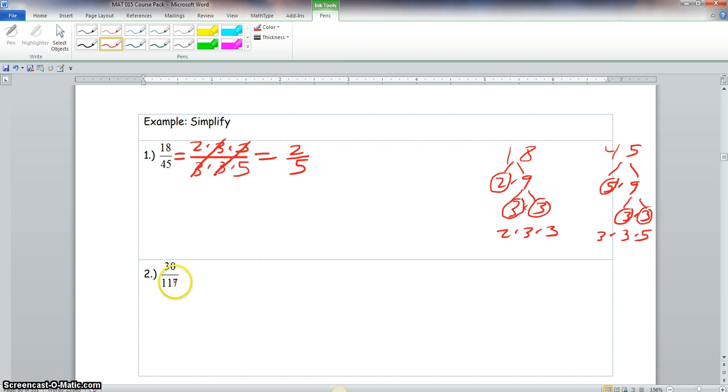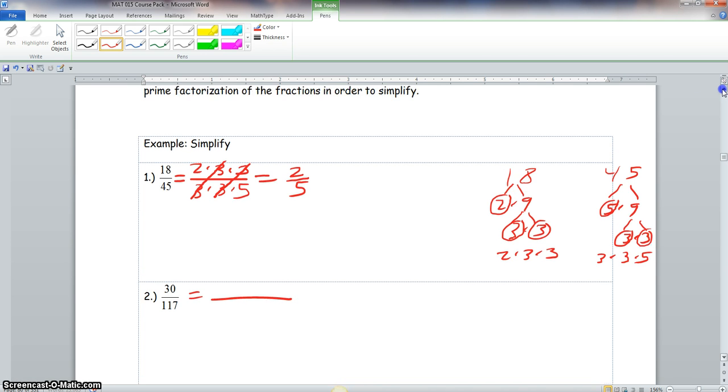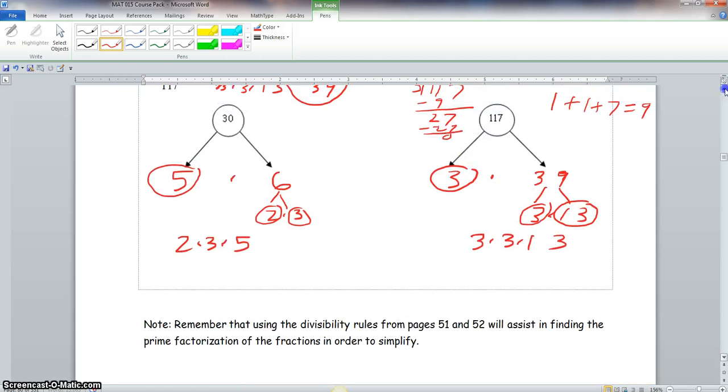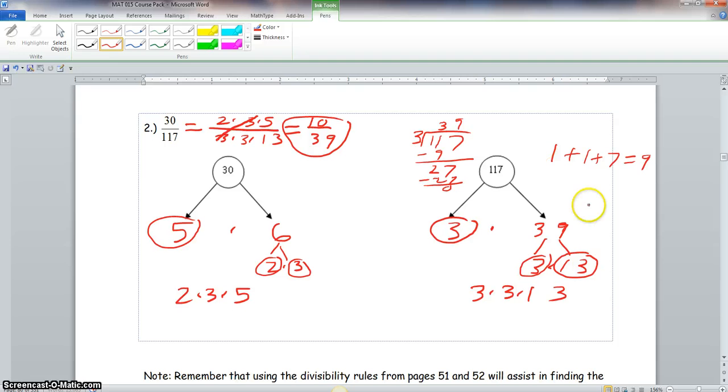Now we have 30 and 117. We did that in a previous problem. Actually, since I simplified it here, we have 30 over 117.